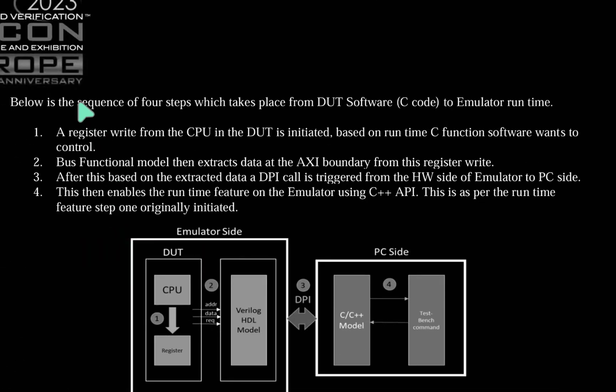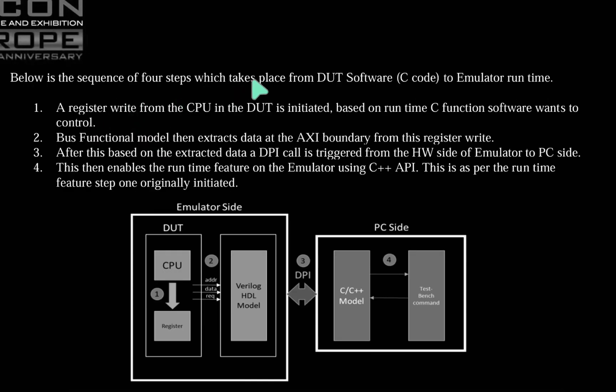So below is the sequence of 4 steps which takes place from DUT, software, C code, and emulator runtime. 1. A register write from CPU in the DUT is initiated based on the runtime C function software wants to control. 2. Bus functional model then extracts data at the AXI boundary from this register write. 3.